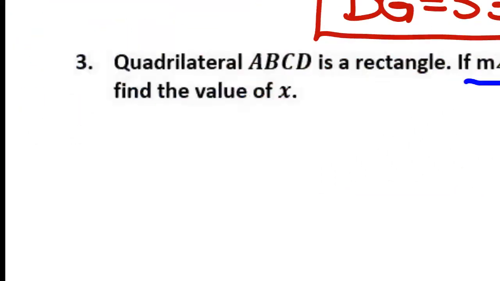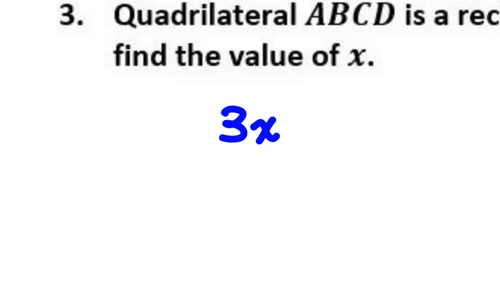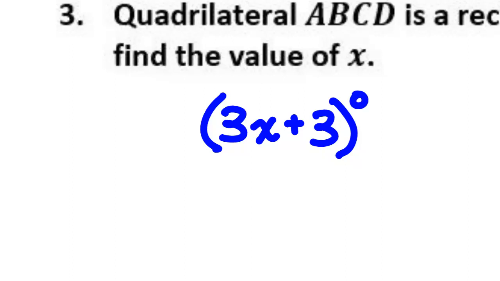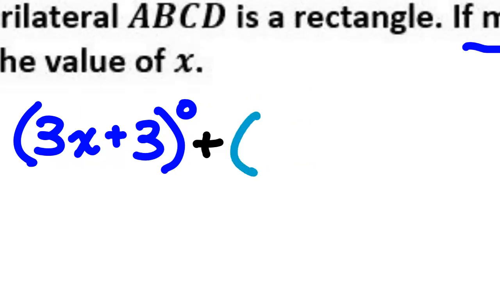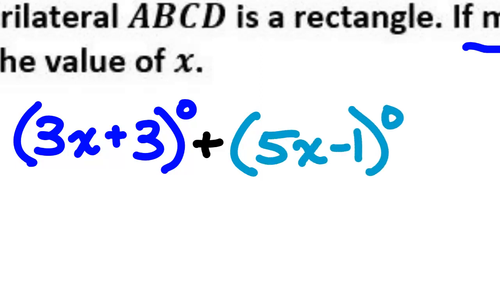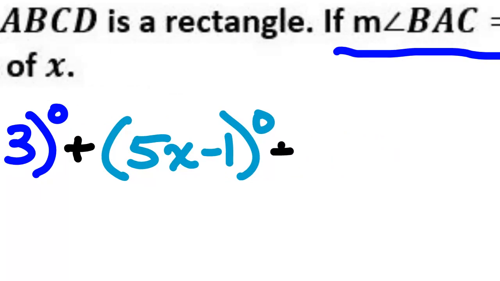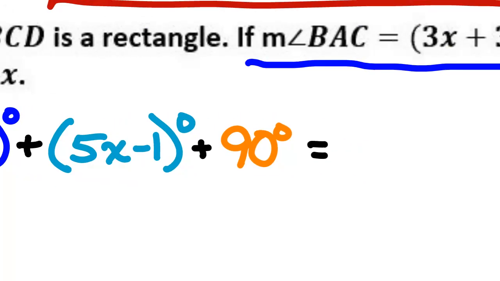They add up to 180 degrees. So 3x plus 3 degrees plus 5x minus 1 degree plus that 90-degree angle up in the corner of my rectangle has to add up to 180 degrees.